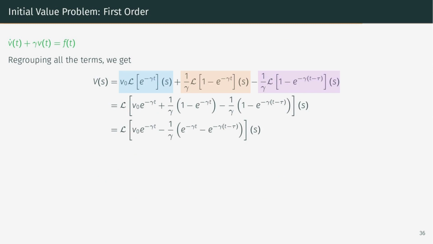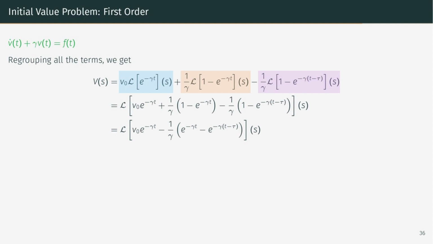Regrouping all three terms, we can see that V of s equals v0 times the Laplace transform of e^(-gamma t) plus 1 over gamma times the Laplace transform of 1 minus e^(-gamma t) minus 1 over gamma times the Laplace transform of 1 minus e^(-gamma (t minus tau)).